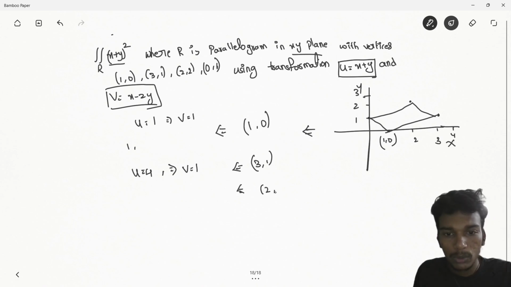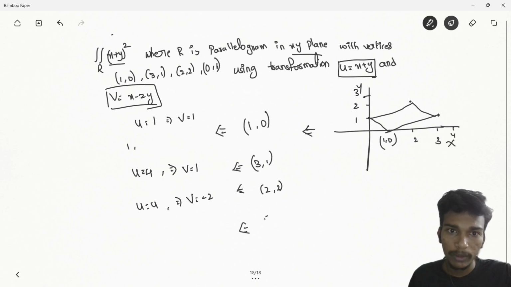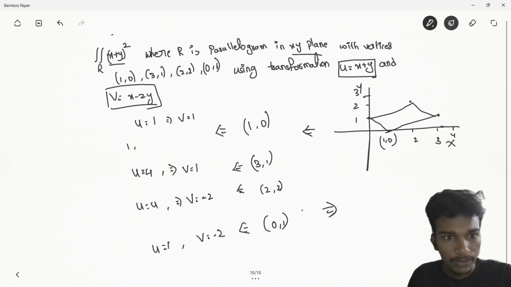If I keep (2, 2), u is 4 and v is minus 2. And if I keep (0, 1), I get u as 1 and v as minus 2. If I plot these values in the new coordinate system, I'm going to get something like this.